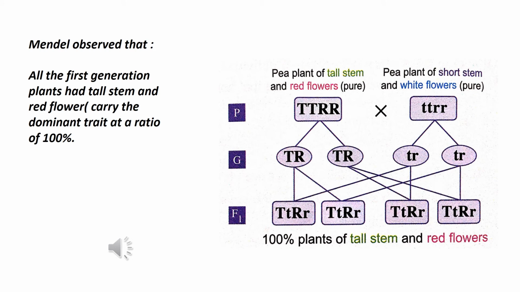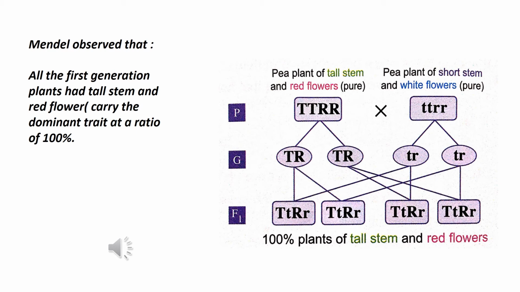A pea plant with tall stem and red flower is represented by capital T, capital T, capital R, capital R, while a short stem and white flower is small t, small t, small r, small r. During formation of gametes, they form capital T capital R, capital T capital R, and small t small r, small t small r.